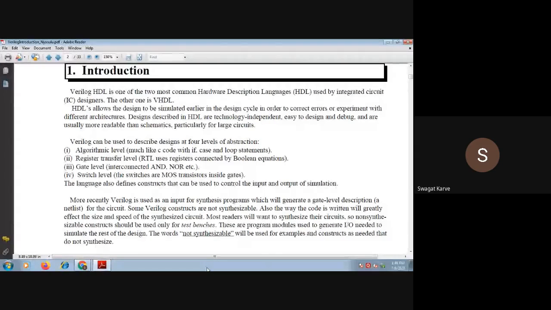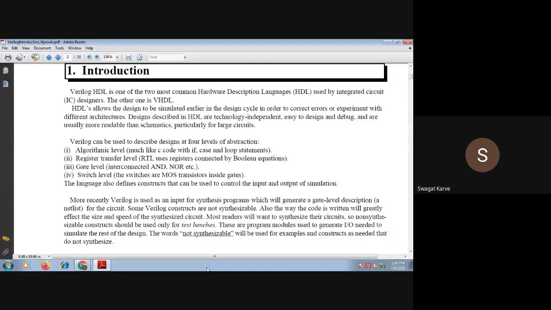Which are those? First one is the algorithmic level. That means the code that we are writing, the VHDL code in case of VHDL, or the C-like Verilog code in case of Verilog. Second one is the register transfer level. I have shown you in the last session that RTL stands for register transfer level, so that RTL schematic is the second level.